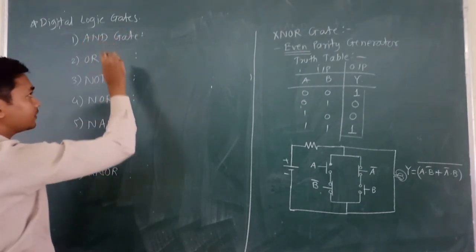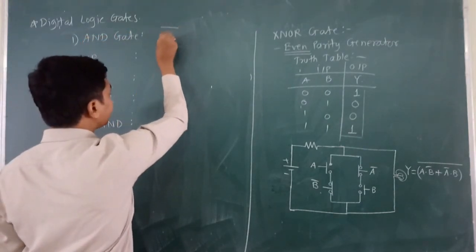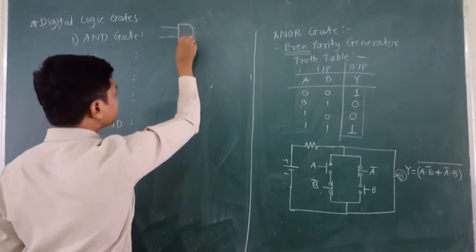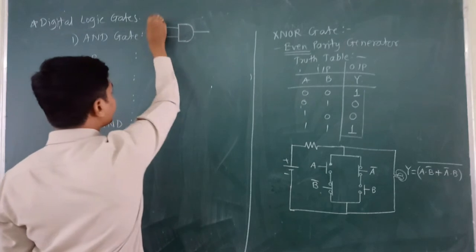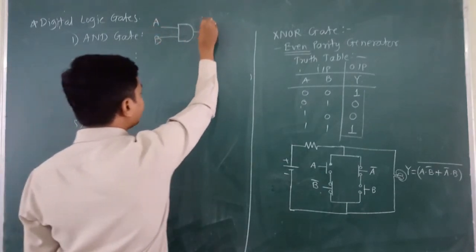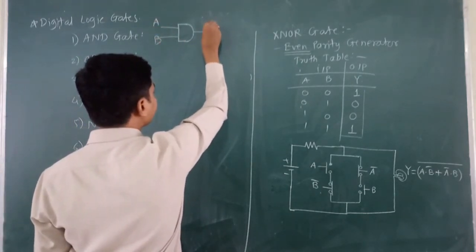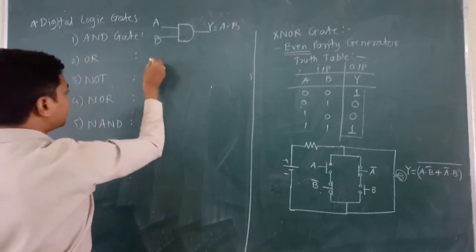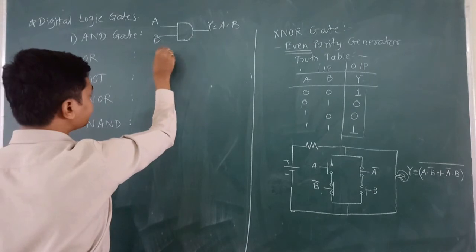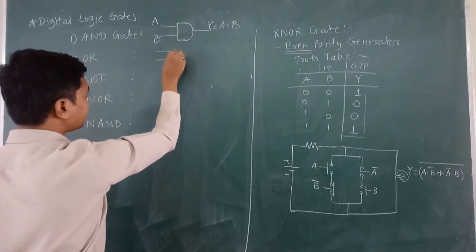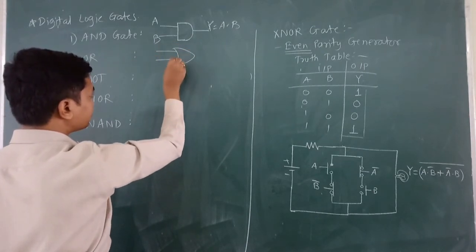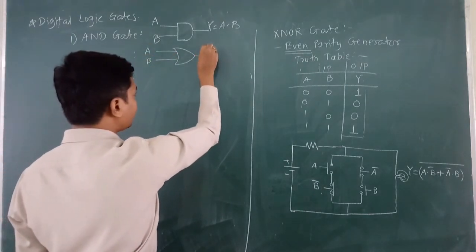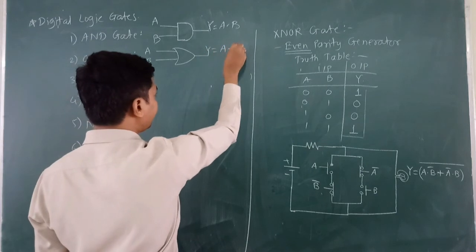So AND gate symbol is like this. Okay, here you can write A, B and output is Y, and the equation was A dot B. Next is OR gate. So our symbol of OR gate is like this. Okay, here was A, B as input and output Y. The equation was A plus B.